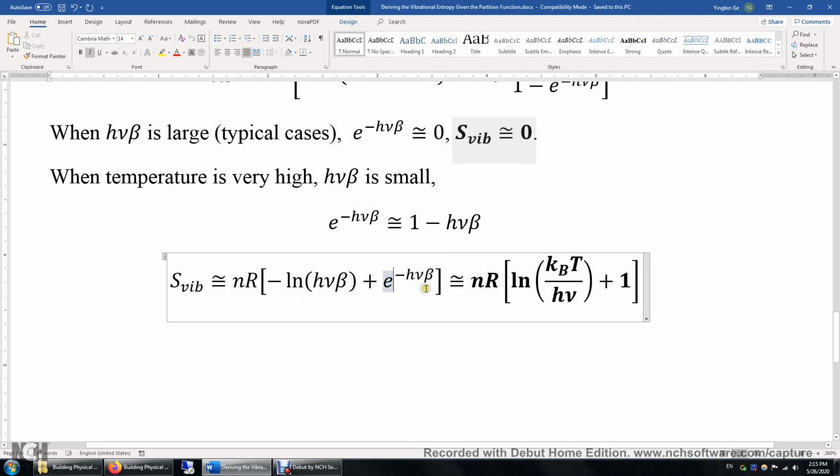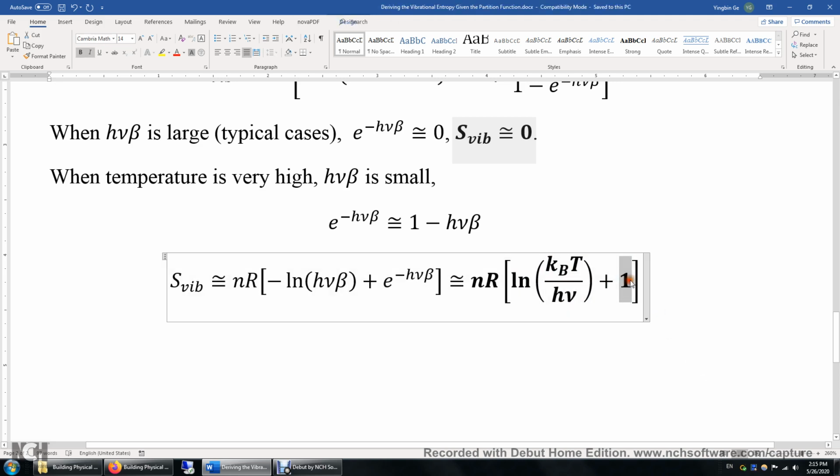And then we have a simplified expression for the vibrational entropy at very high temperature. Also, at a very high temperature, this h nu beta is small. Therefore, this exponential function is very close to 1, and then this is even more simple. This is just nR times the logarithm of kBT over h nu plus 1. So look, this is actually the vibrational partition function at very high temperature. All right?